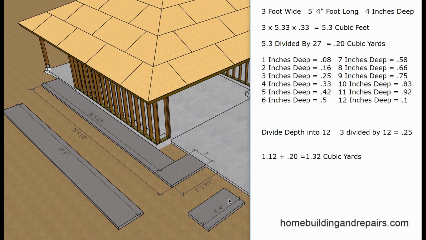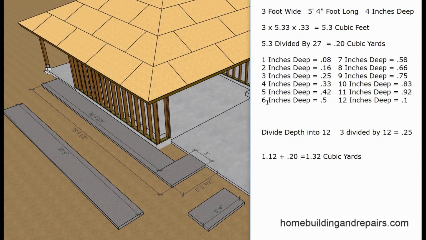The next piece that we will need to figure will be this one, 5 foot 4, the overall length. Remember, we're going all the way across here, 3 foot wide, 5 foot 4 inches, 4 inches deep. 3 times 5.33, and then again, we don't just have to look at the inches deep.